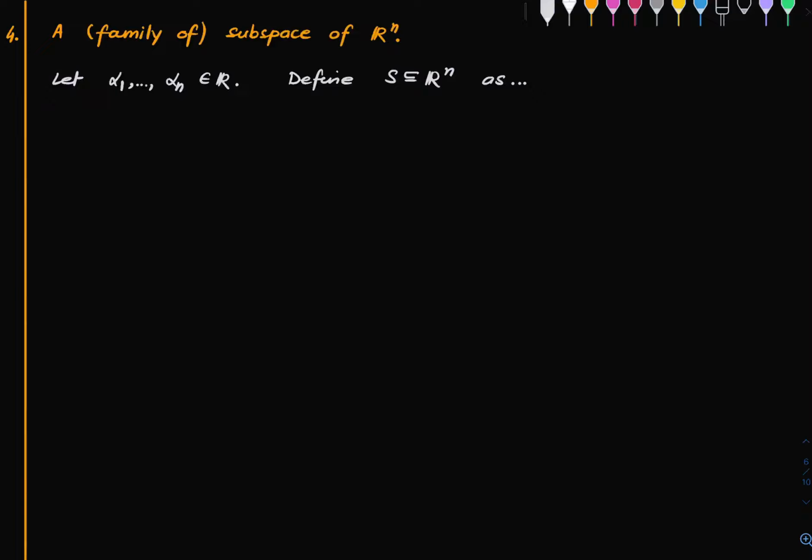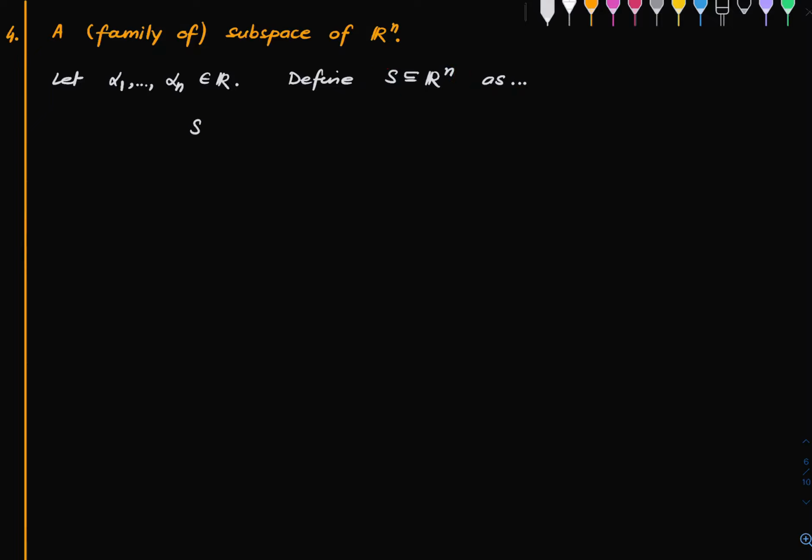Another very interesting example of a subspace of Rn. Here we are doing it for Rn, but you can easily mimic this to write down examples of subspaces of Fn. So how do we construct subspaces? Pick n real numbers and define the subset S of Rn as follows.